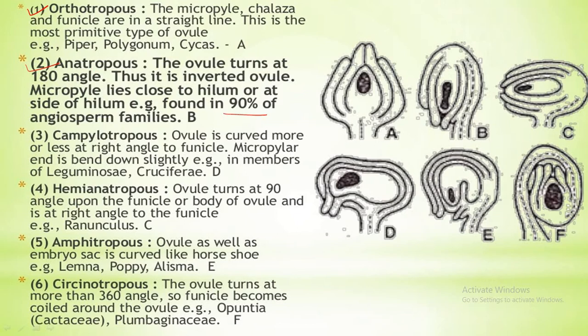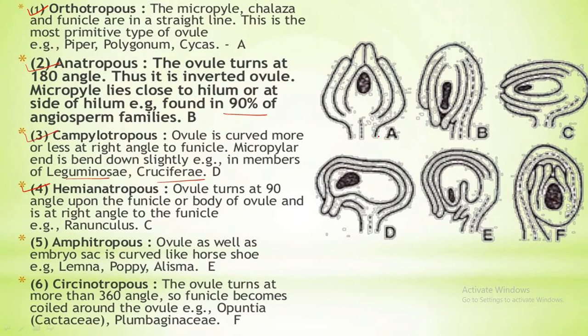The next one is the campylotropous, where the ovule is curved more or less at a right angle to the funicle. Examples are Leguminosae and Cruciferae families. Next one, hemianatropous, where the ovule turns at an angle of 90 degrees upon the funicle.